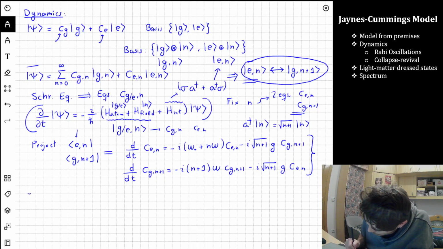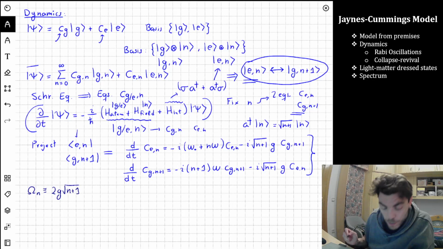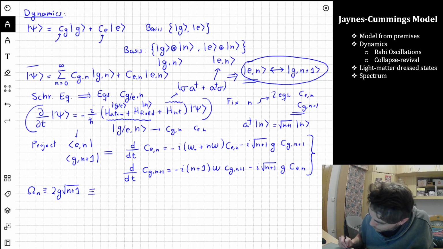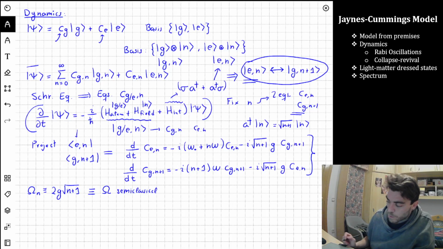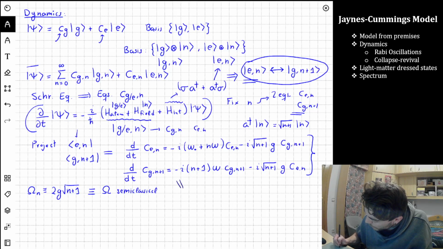But notice that if we define omega n to be twice g square root of n plus 1, then this omega n is very similar to the omega that we defined, called the Rabi frequency, in the semi-classical model. And if we substitute this into the equation, then we get exactly the same differential equations that we solved already in the semi-classical model.